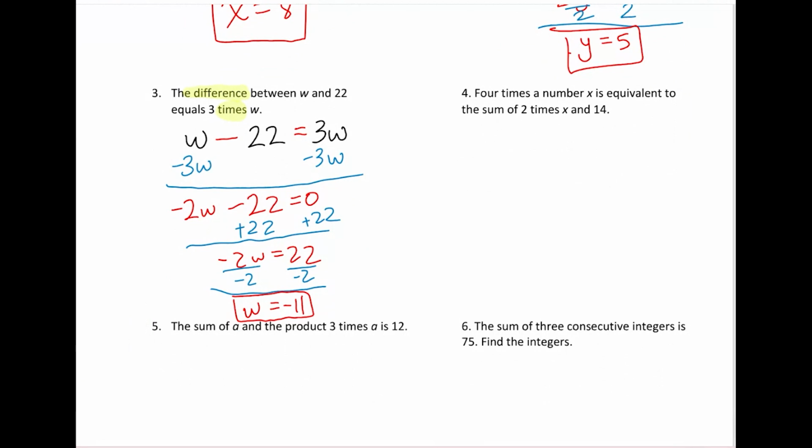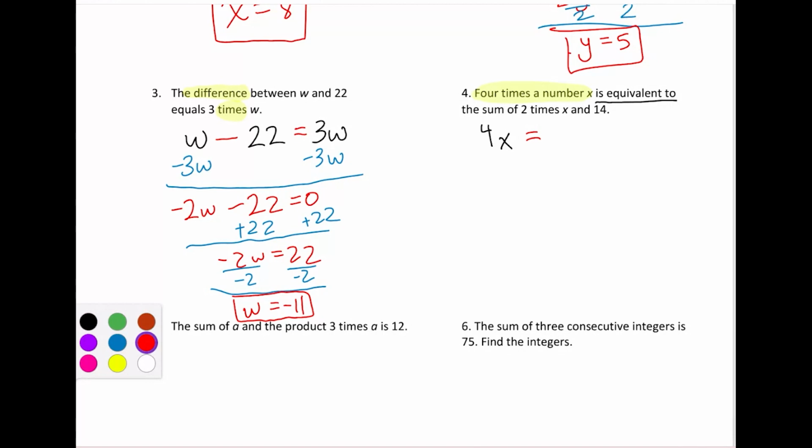Number 4 says 4 times the number x is equivalent to the sum of 2 times x and 14. Okay, so 4 times the number x, we can write that as 4x is equivalent to, that tells us we want an equal sign there.